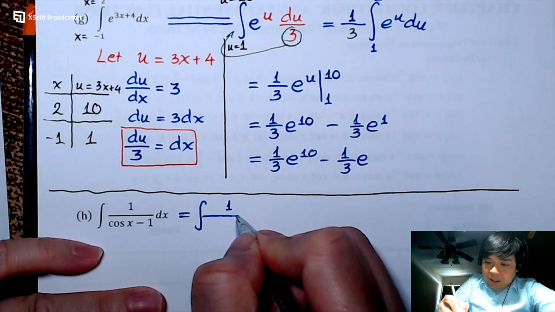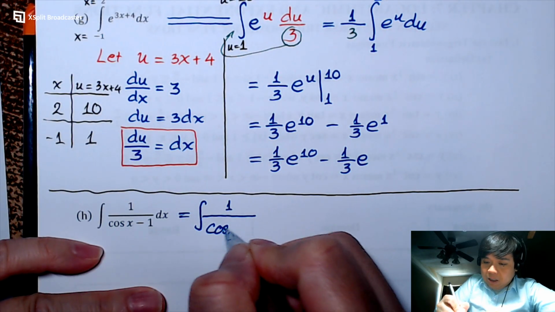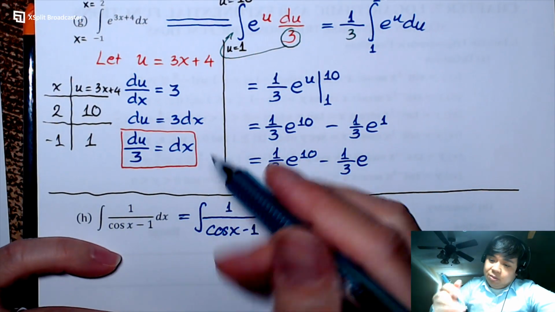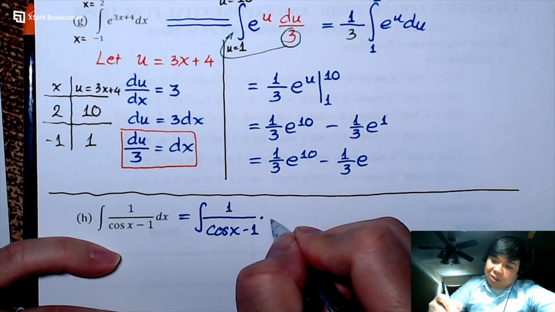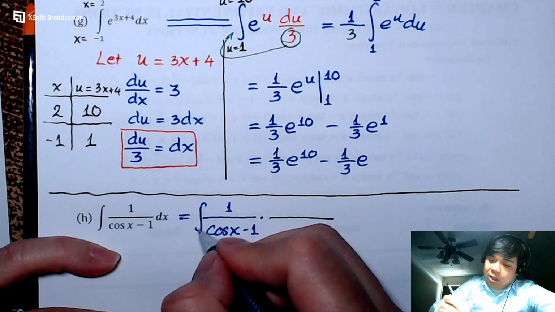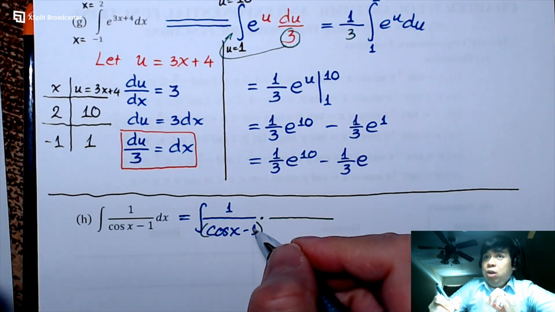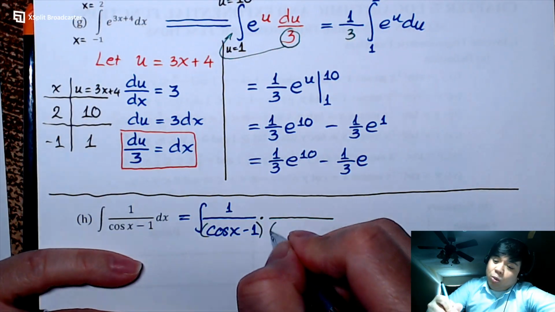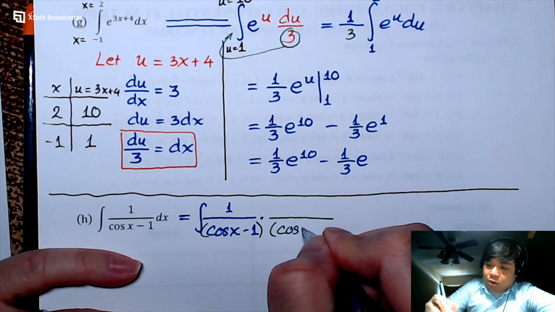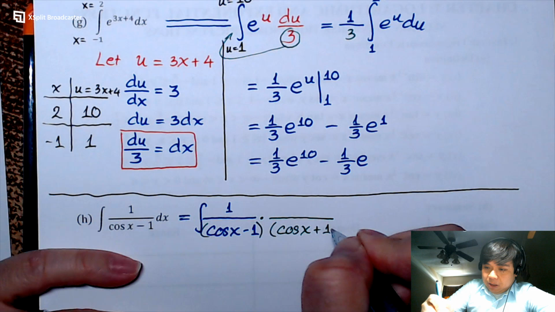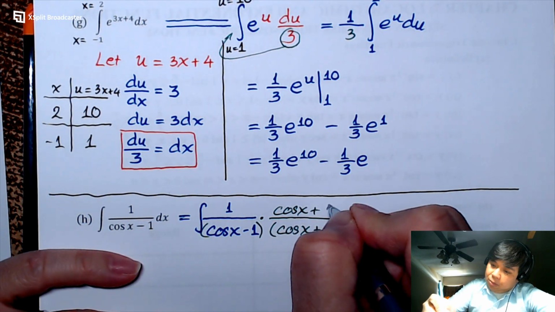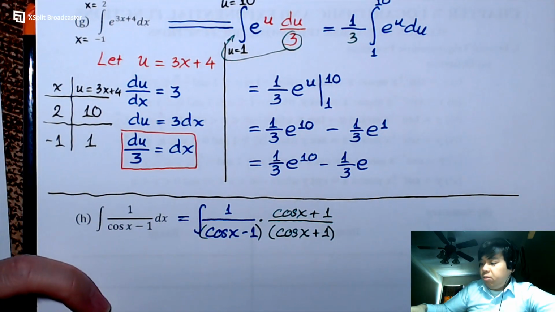is that we multiply by something top and bottom. And when it multiplies out, it becomes one term. And we'll see why we do that in a minute. But what we do is we multiply by cosine of x plus 1, top and bottom.